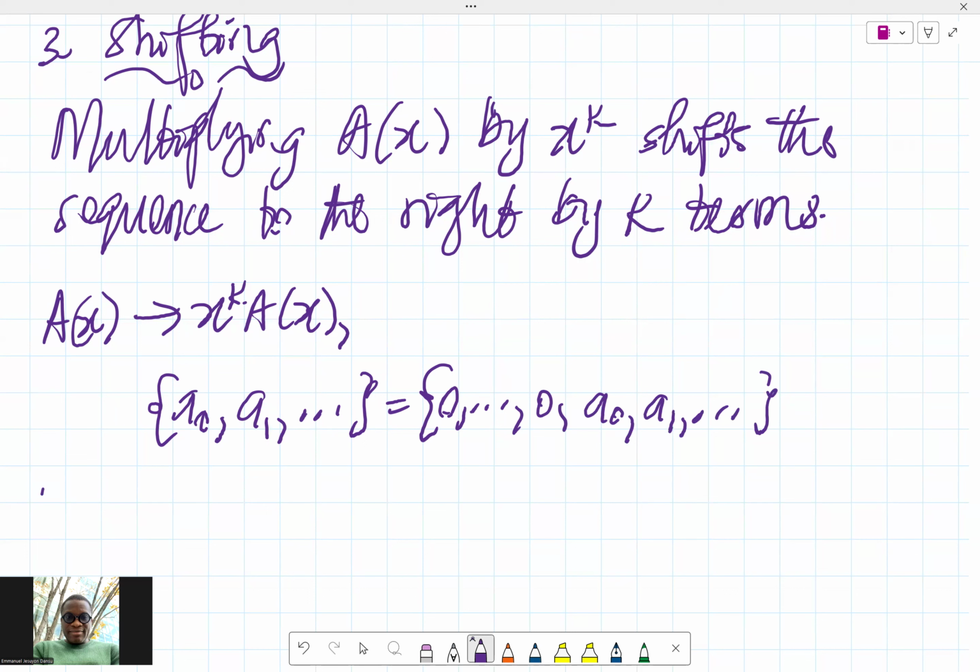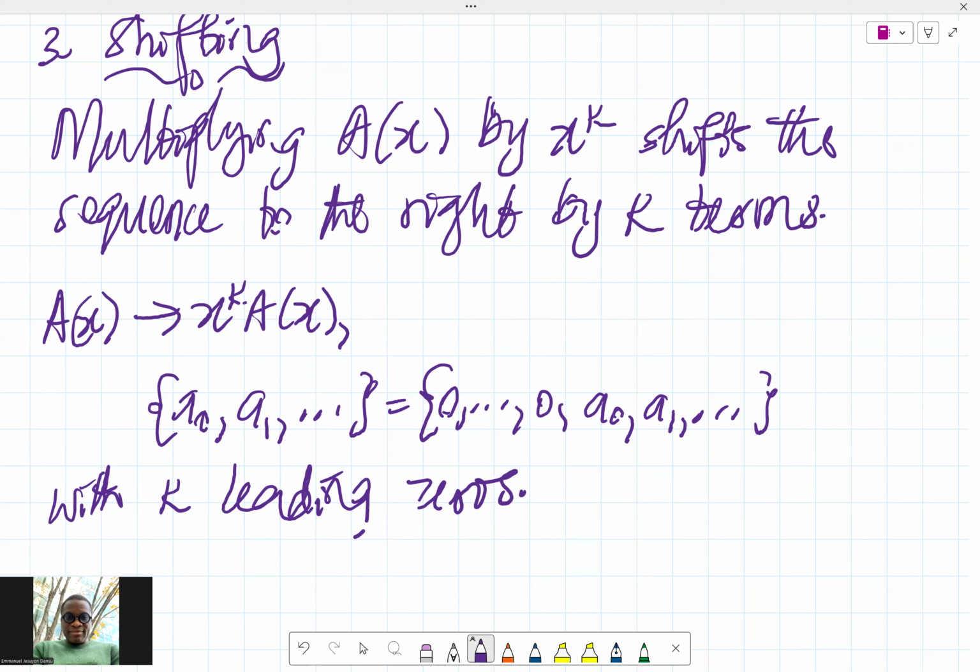So this is now with k leading zeros. If you multiply by x raised to power 2, you have two zeros. X raised to power 5, you have five zeros before the normal sequence.